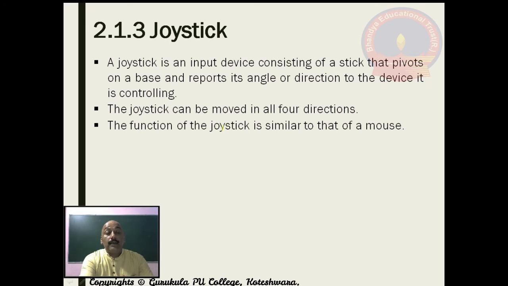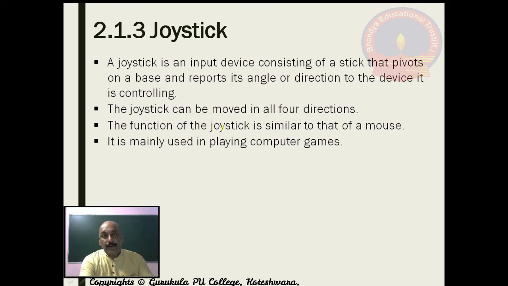There are buttons also. The function of a joystick is similar to the mouse itself, which moves the cursor or object on the computer, and it is mainly used to play computer games.